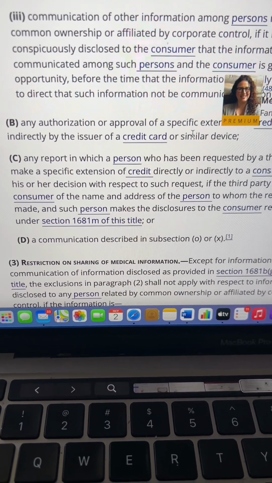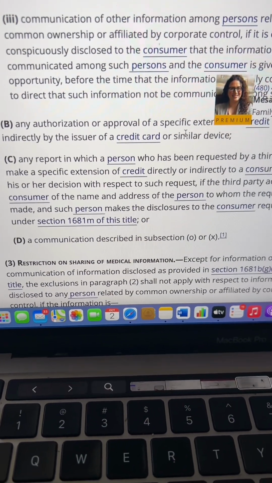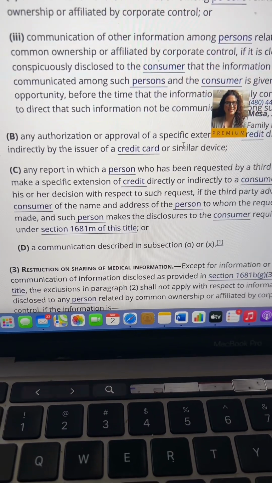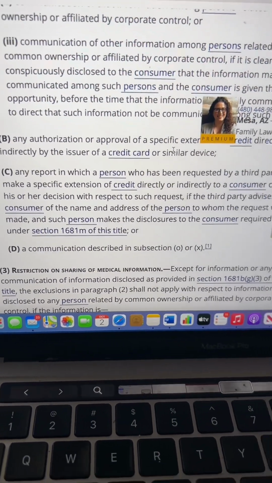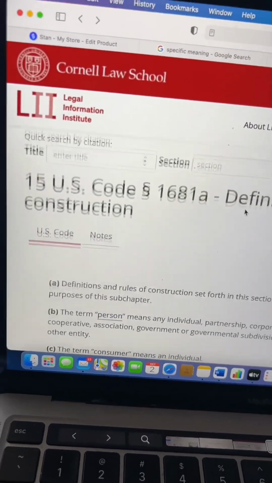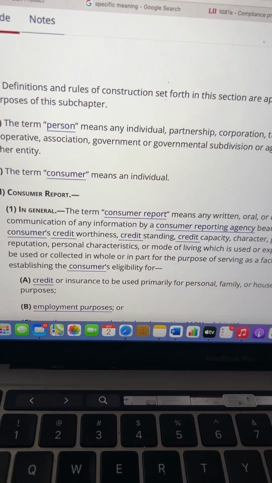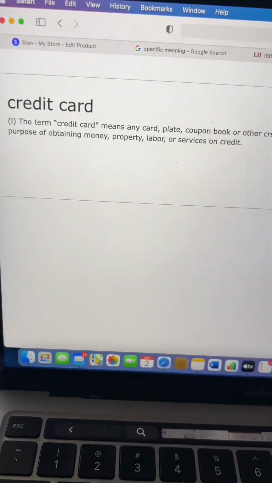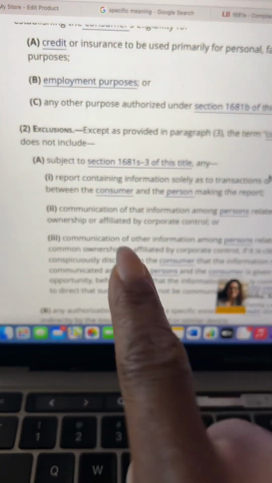That card was an approval for an extension of credit. So we gotta really get it in our heads when we're trying to remove things off our consumer report. You ask, how do I construct my letters? Just like we just broke down here. Overstanding the laws, reading the laws, including them in your letters, explaining the definition of a credit card, explaining what should not be included on your consumer report.